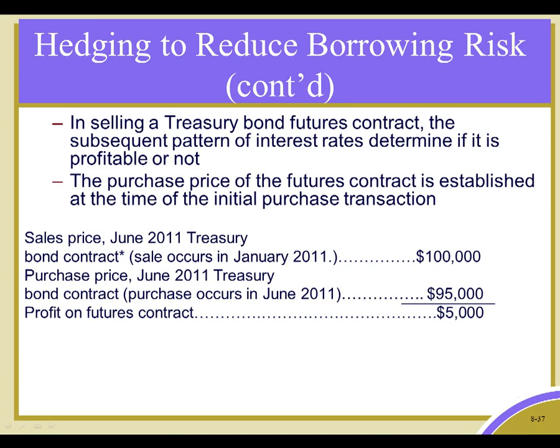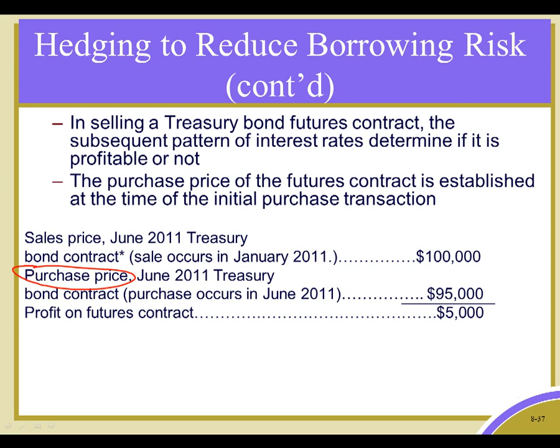Over time, as we get close to June 2011, because we've sold this bond in the future, we need to buy the bond. Think of it as buying it so we can make delivery, but actually we sell it, and then when we buy another one, they cancel each other out. If interest rates have gone up, that will cause bond prices to go down, and we'll see that in a subsequent section of the book.